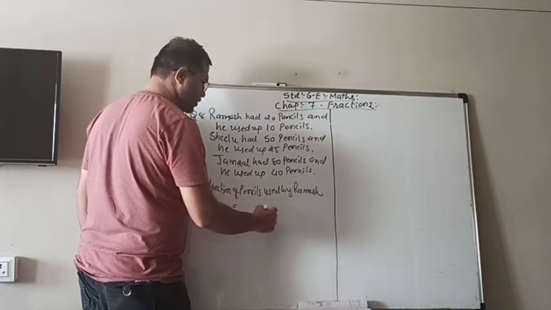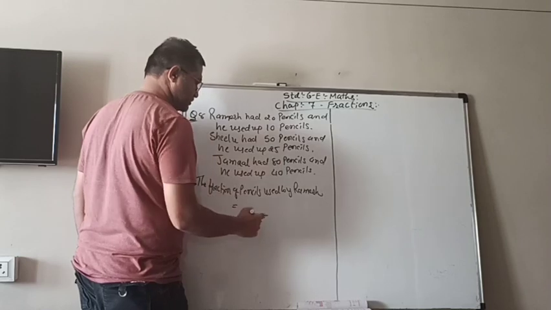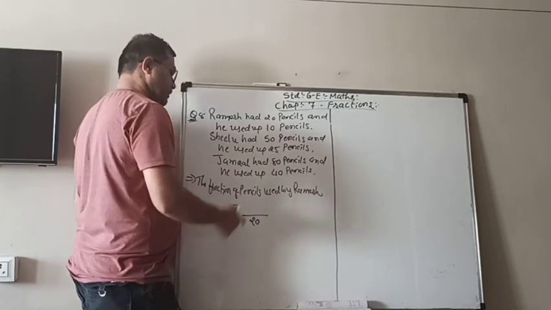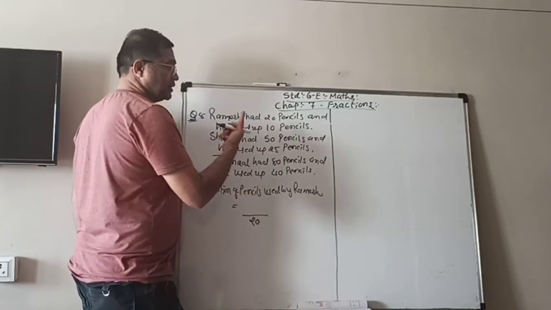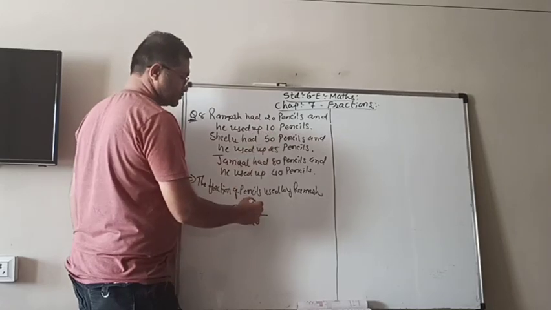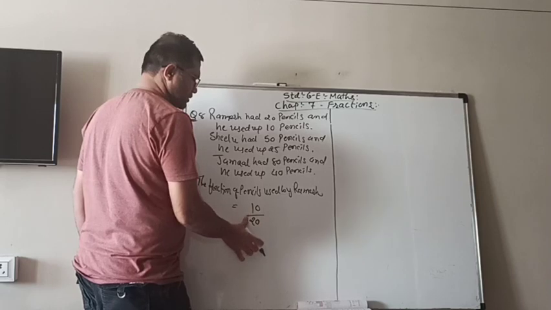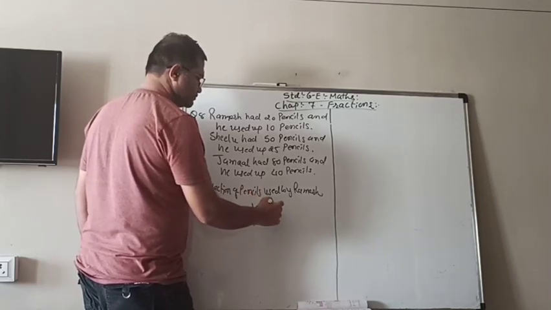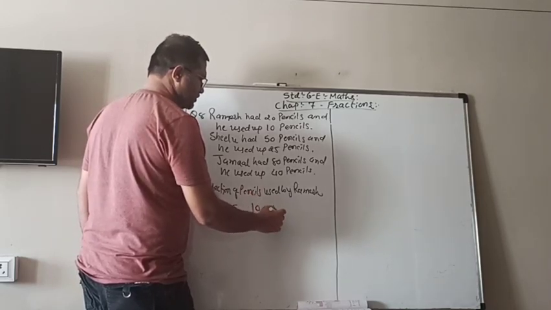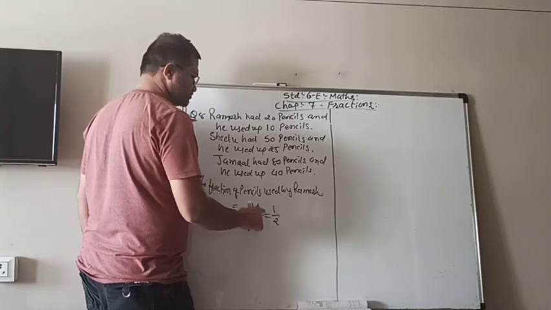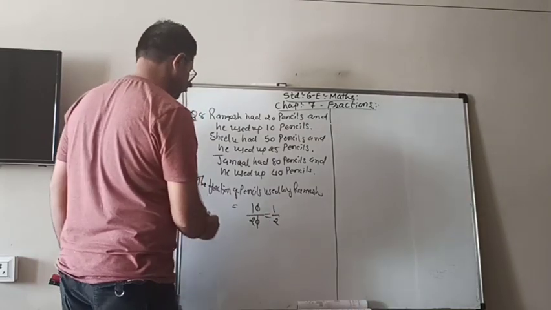So he had total how many pencils? 20. And out of 20, how much? He used up 10. So his fraction is 10 upon 20. We can simplify it. Then it will be 1 upon 2 because the zeros will be cancelled.